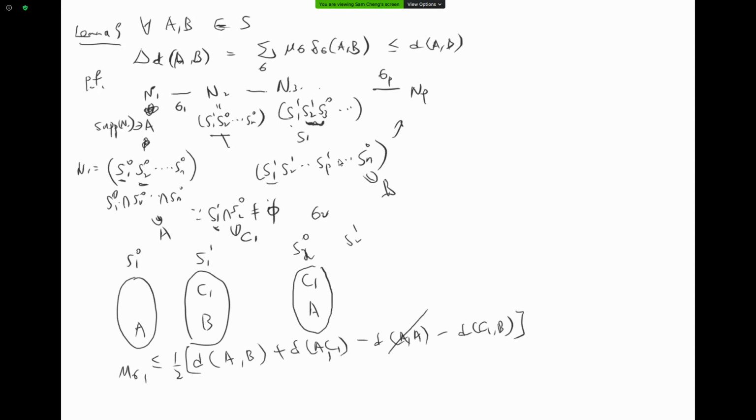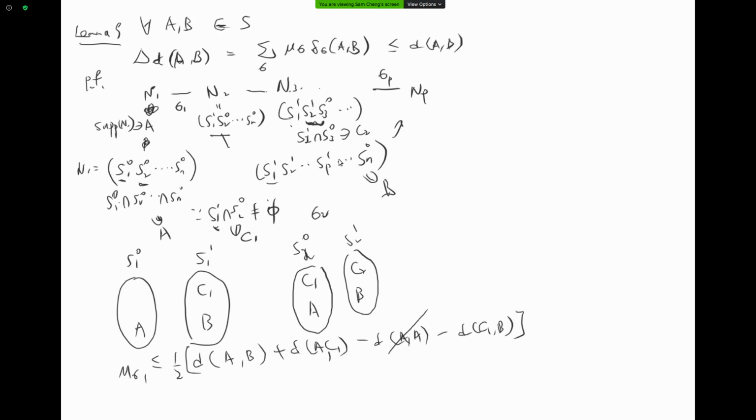We assume S21 intersect S30 contains an element C2. So C2 is in S21, and I can put C2 here. And again B should be inside S21. So I have this here.